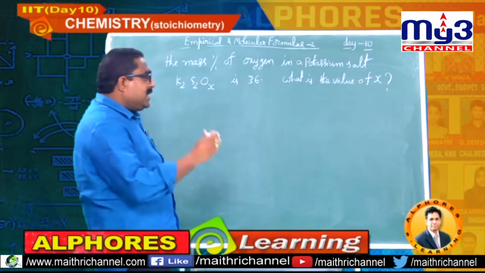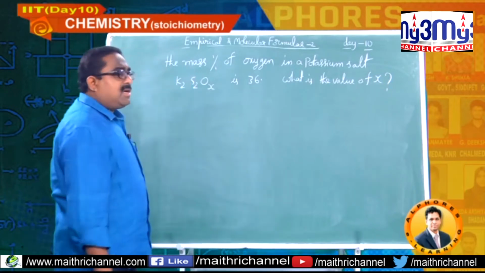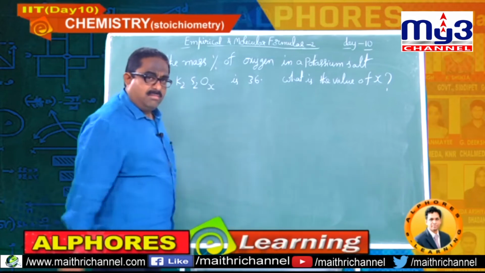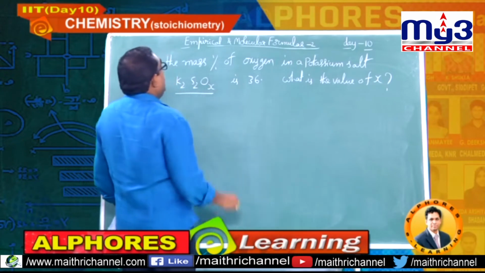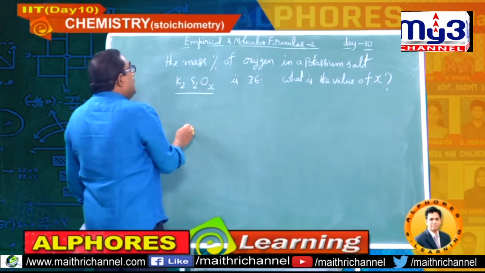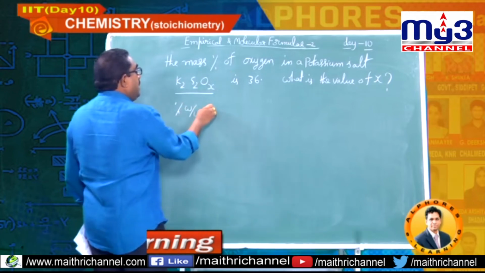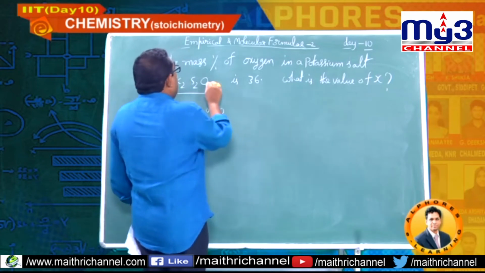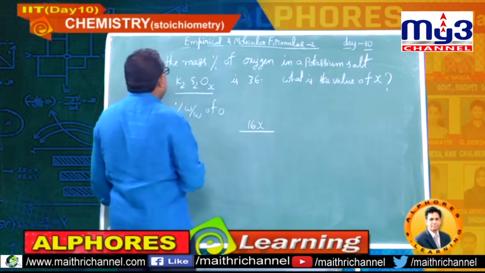This question is based on the simple mass percentage approach. How do you calculate the mass percent of an element? Mass of that element divided by total molar mass. Right. Here, X oxygens are there, so I am writing the mass percent of oxygen. Atomic mass of oxygen is 16, so 16X.